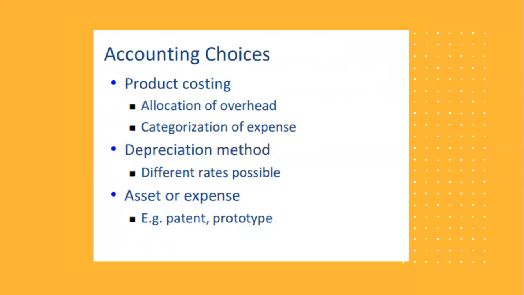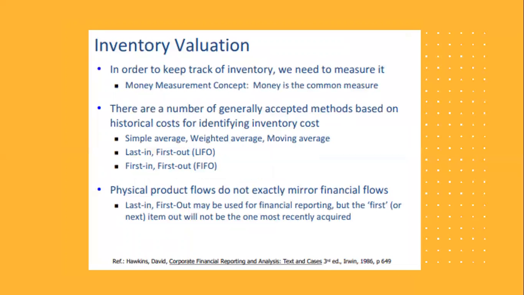Also, whether you want to use an asset or expense method, you have bought, let's say, a capital good. Do you want to recognize it on your balance sheet as an asset or as an expense? This is your choice. So these are some of the accounting choices that are given to companies.